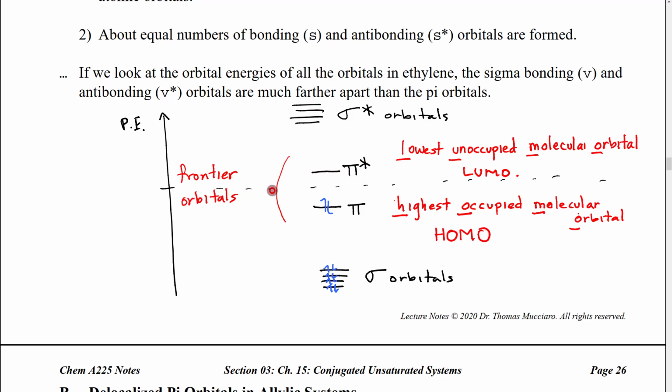So if we assume all the orbitals started right on this middle dotted line, a little bit above or a little bit below, but close to that, we see that the sigma bonding orbitals went way down in potential energy, and the anti-bonding ones went way up in potential energy. The pi orbitals, in contrast, move down relatively just a little or up relatively just a little.